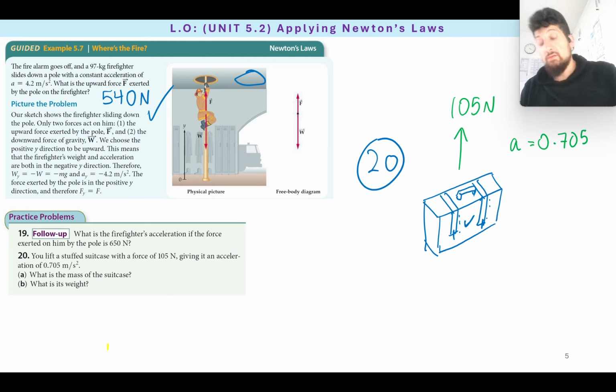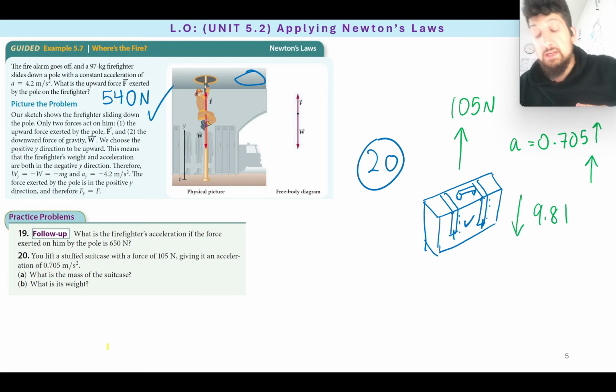So here's what we have. We have a gravitational force acting downwards of 9.81. Apparently, we have a gravitational force acting upwards of 0.705. What that tells me is that there's a force acting upwards to counter this gravitational force, and then some.